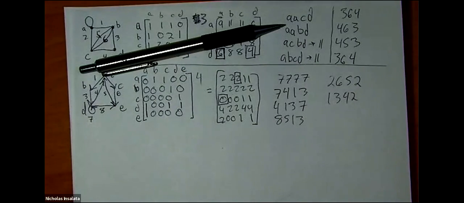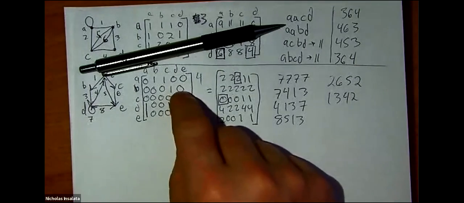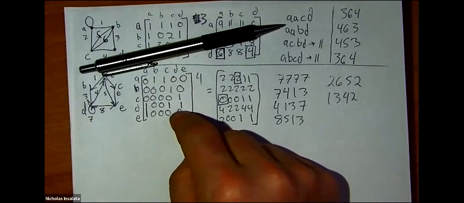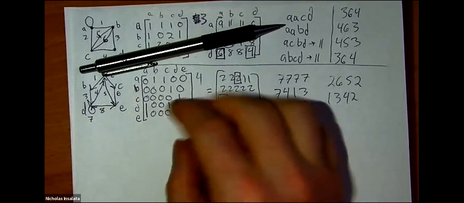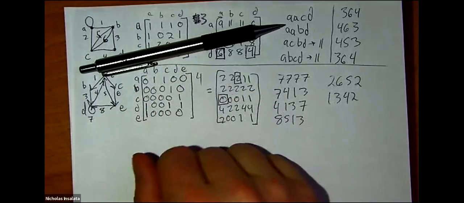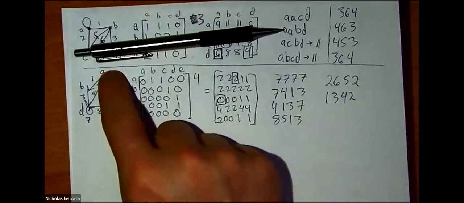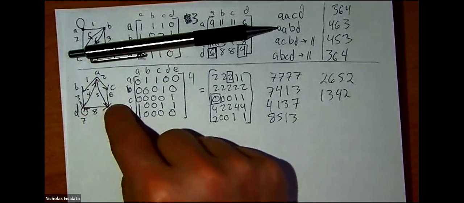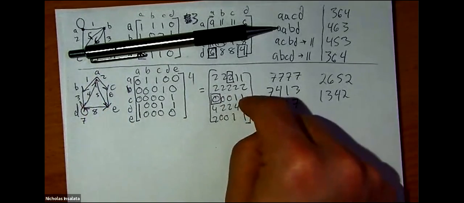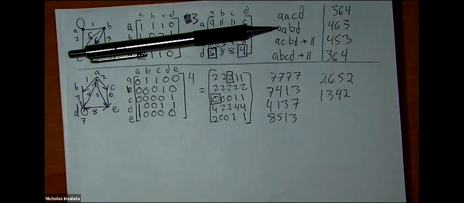Another reason why matrix multiplication takes input from a bunch of different parts of the matrix and smooshes it together is because you have to look at all the ways these different arrows are interacting in order to come out with all these different walks, right? And your book actually has a detailed proof of why this works, so you should definitely look through that if you have the time.